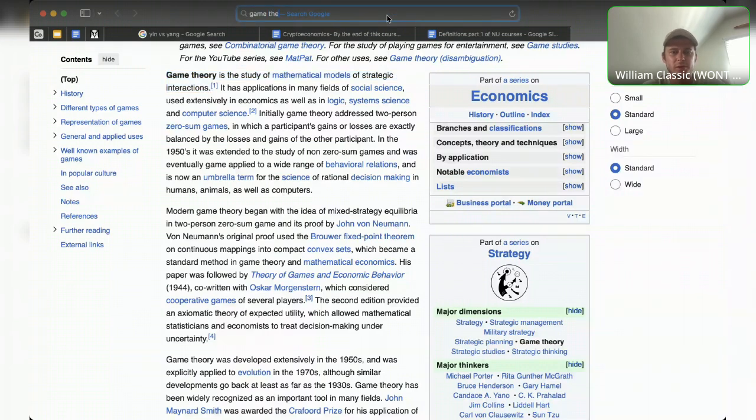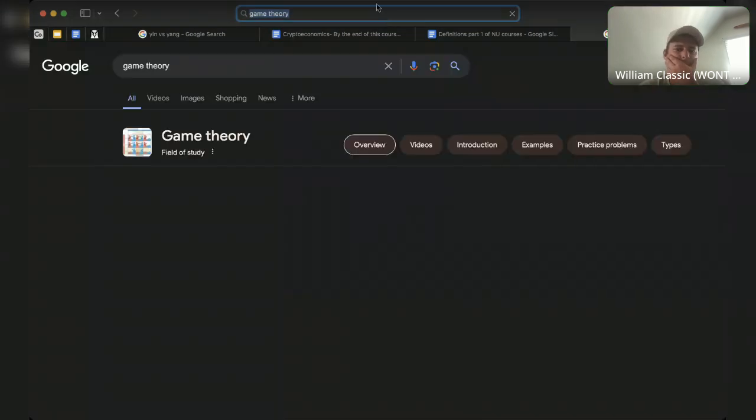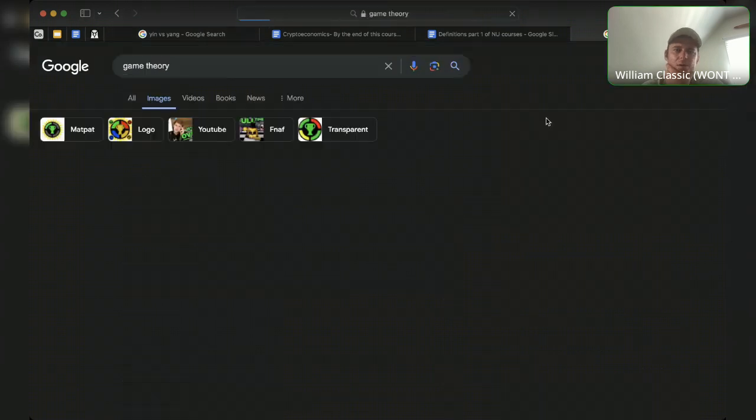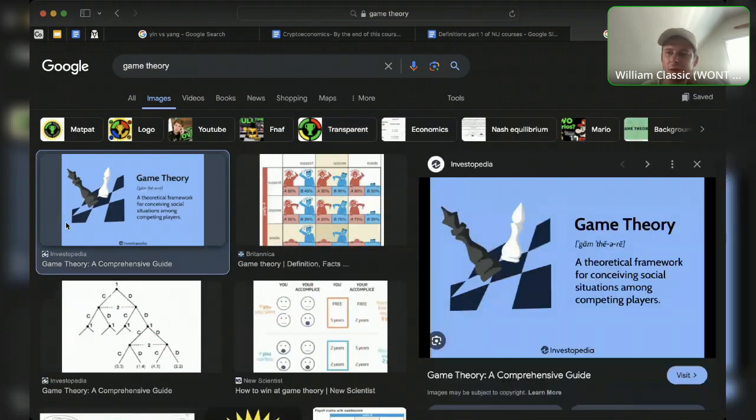What else is there? Yeah, a theoretical framework for conceiving social situations among competing players. I like that one too. Conceiving social situations.